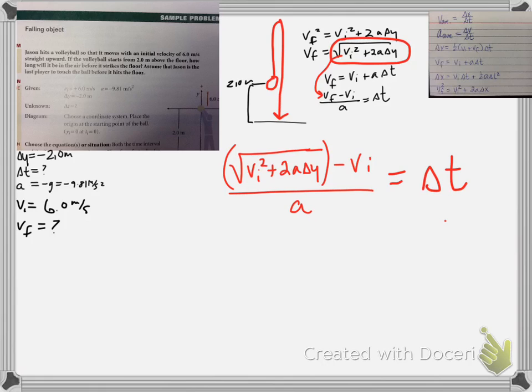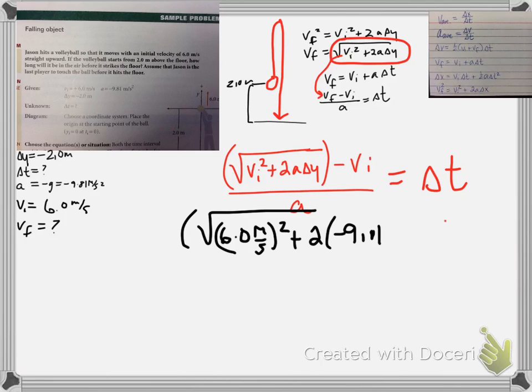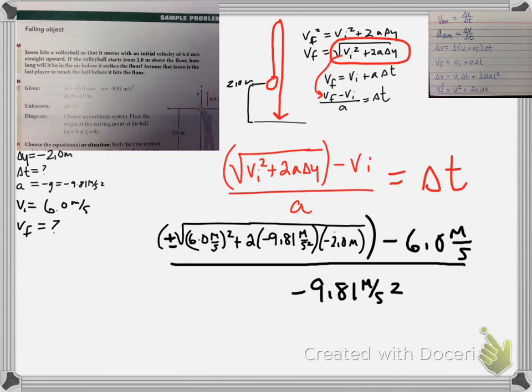We get the square root of 6.0 meters per second, quantity squared, plus 2 times negative 9.81 meters per second squared times negative 2 meters, quantity, minus 6, divided by negative 9.81 meters per second squared.